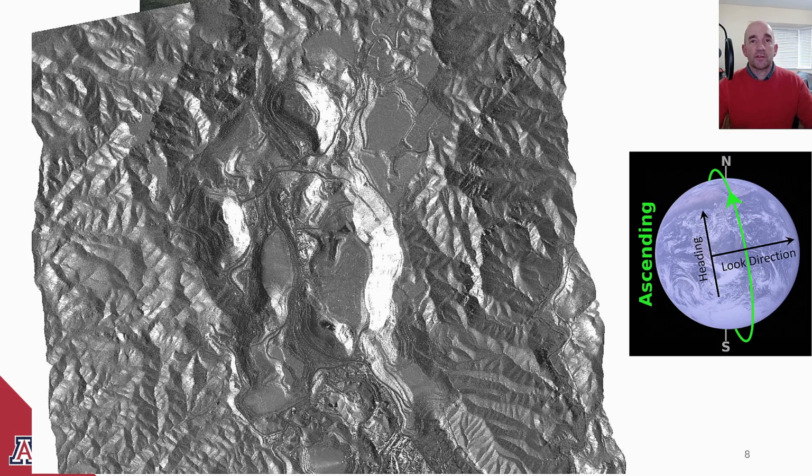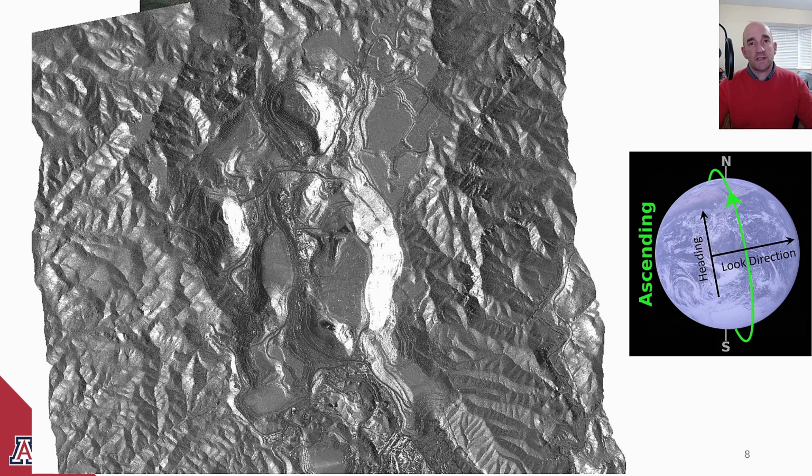So it turns out that the darker slopes are the best ones using this ascending configuration for monitoring. Lots of the pulses are scattered away from the sensor, but the surface roughness ensures that enough data returns to the satellite to form its image.